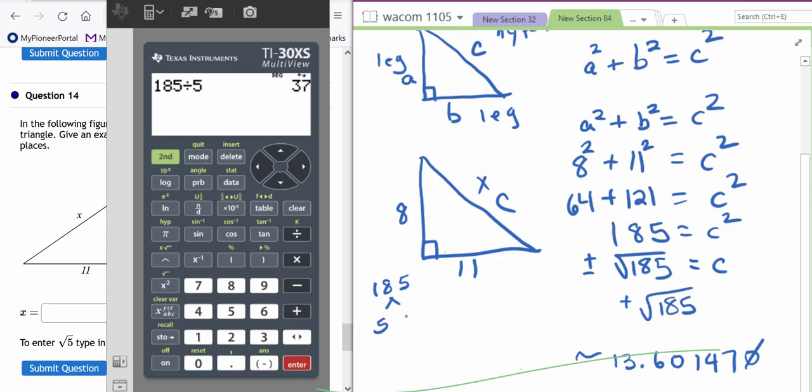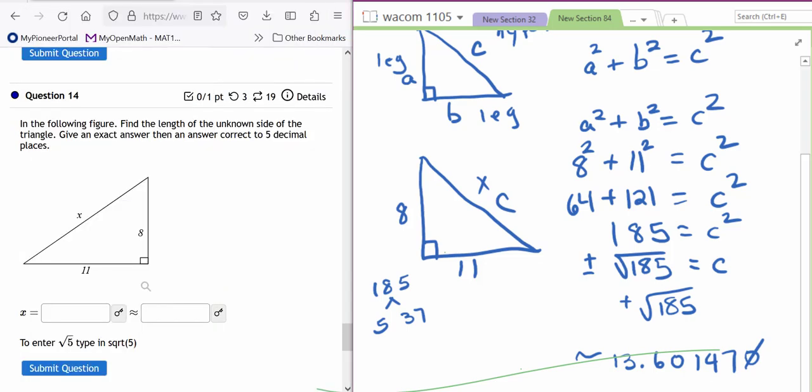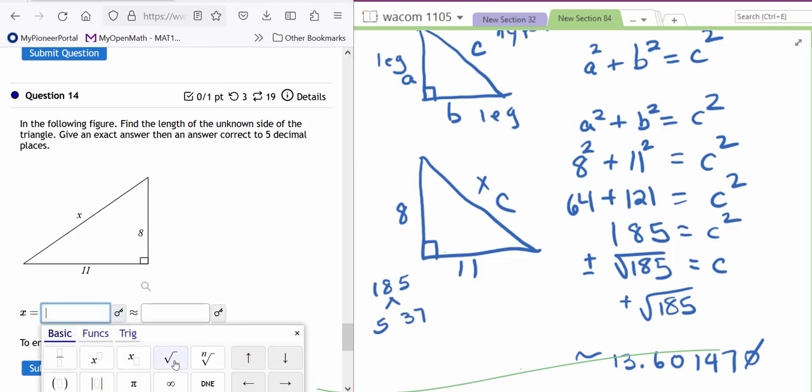And that is very nice because 37 is prime and 5 is prime, so it's not going to simplify. So the exact answer is square root of 185. Hopefully I didn't make an error there.